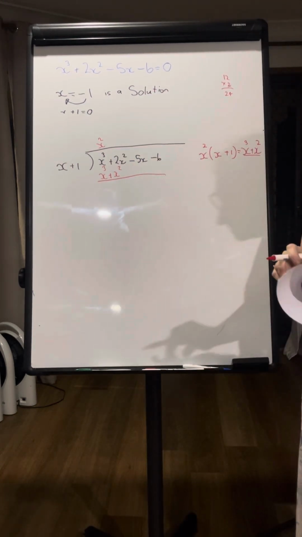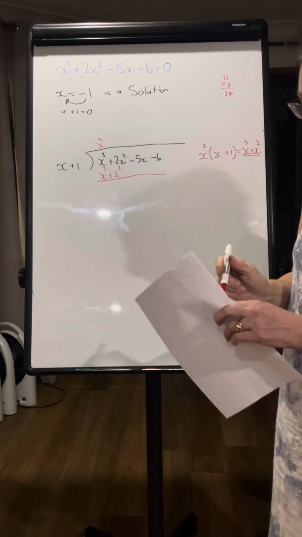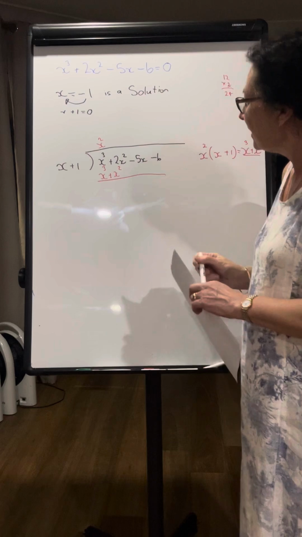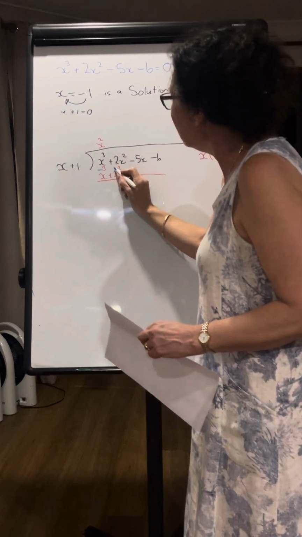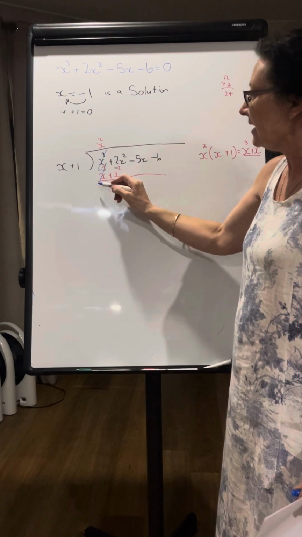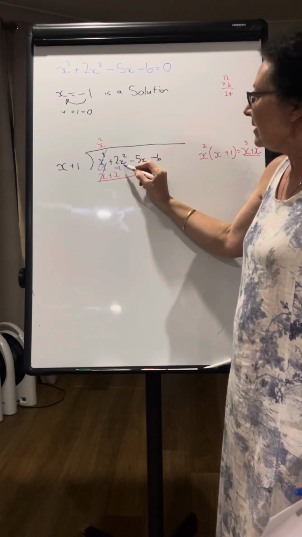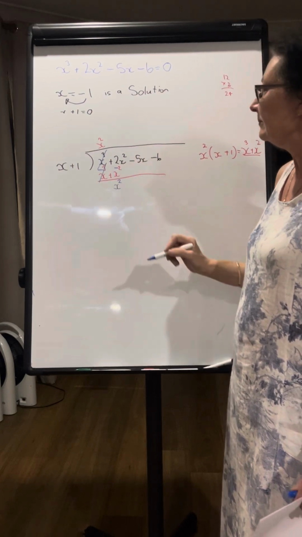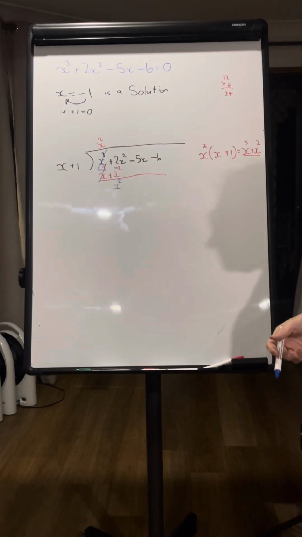Now the other trick with this one, very, very important. It eliminates errors. You're minusing that and that, because you're minusing all of it. That should cancel out. And I've got a 2x squared minus an x squared is just an x squared, like I did before when I did long division.